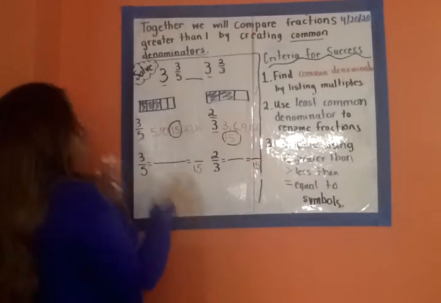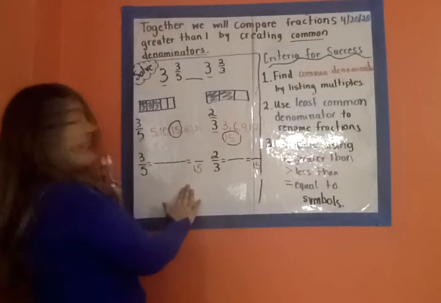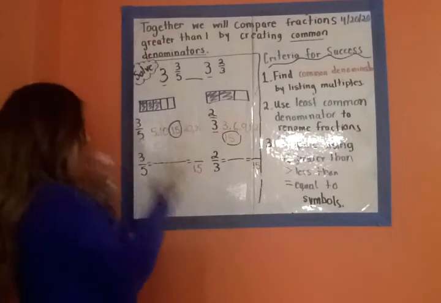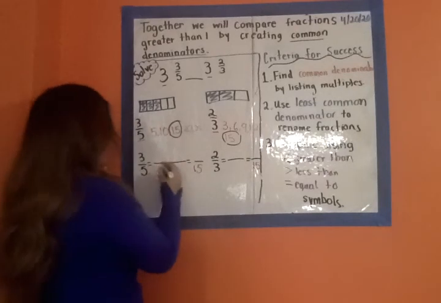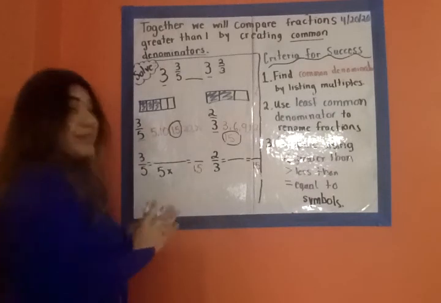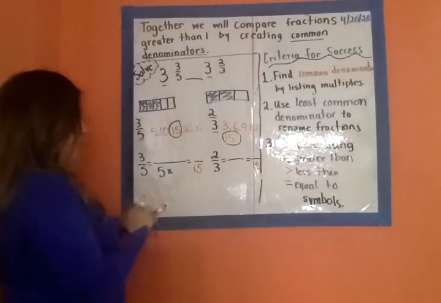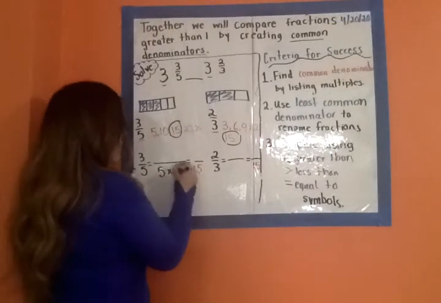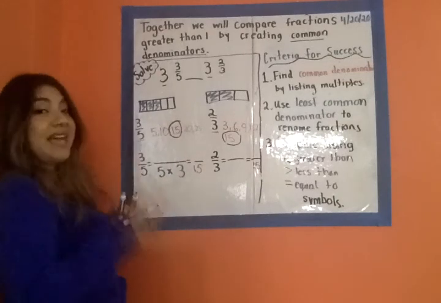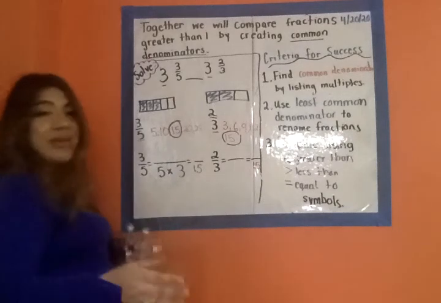Now remember, friends, when we're finding equivalent fractions, whatever we multiply the denominator by, we need to multiply the numerator by. So let's do the work. We're going to multiply 5 times, think to yourself, 5 times what will give me a product of 15? If you said 5 times 3, that is correct. 5 times 3 will give me a product of 15. Now what's my next step?